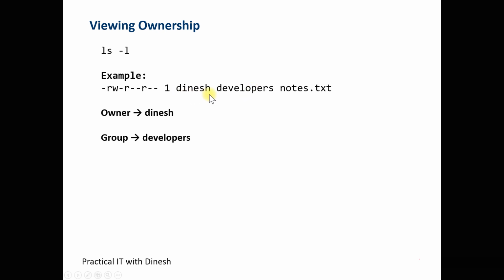That means Dinesh is the owner of the file and developers is the group that owns the file. Now our previous lessons start connecting together. Linux first checks the owner and group and then applies file permissions to it.